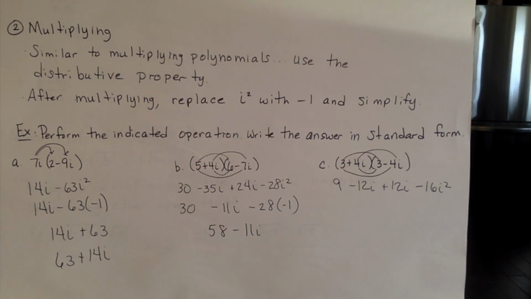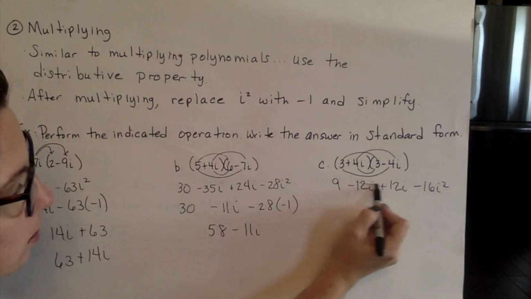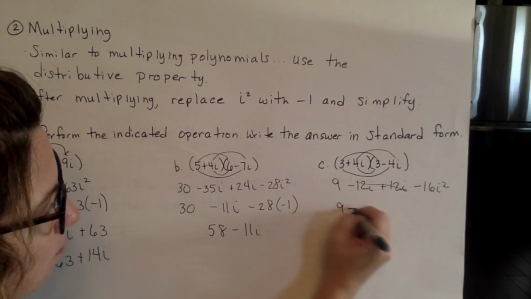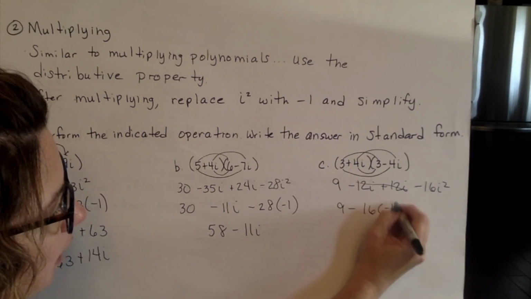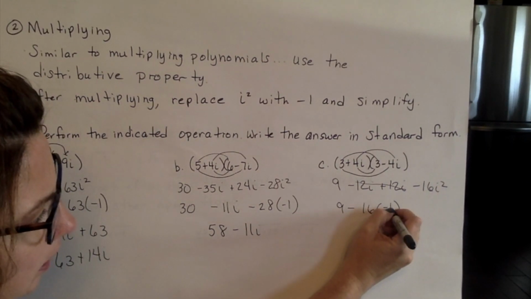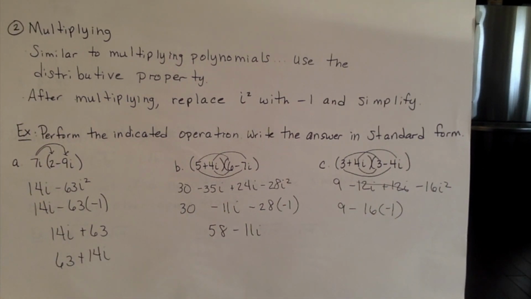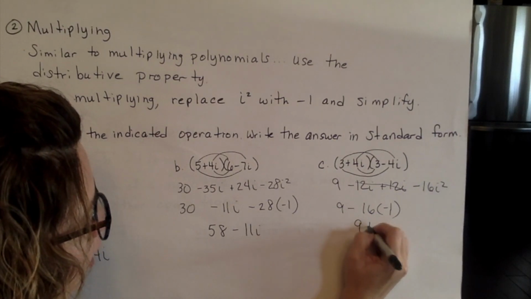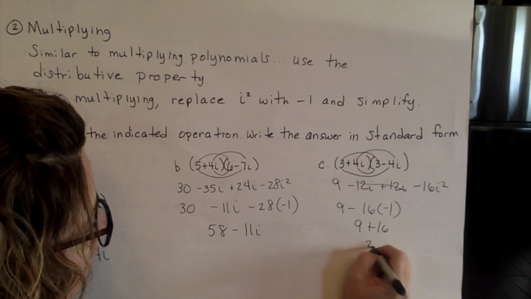You can notice that we have minus 12i plus 12i. Those cancel. I'm left with 9 minus 16 times negative 1. But 9 minus negative 16 is 9 plus 16, or 25.